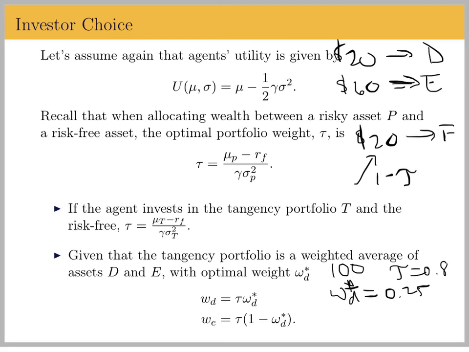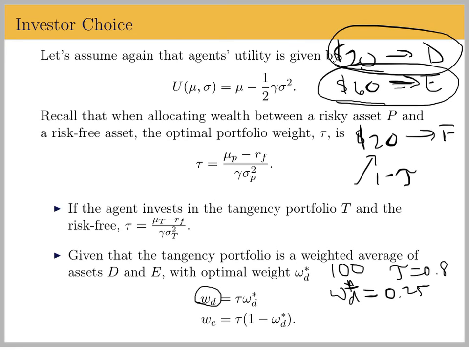So how did I get to the overall? Remember, of the $80, I'm putting 20, or 25%, into D. But of my overall wealth, that 20 is not 25%, it's 1/5. And of my overall wealth, I'm not putting 75% of my money into E, but I'm putting 60%.